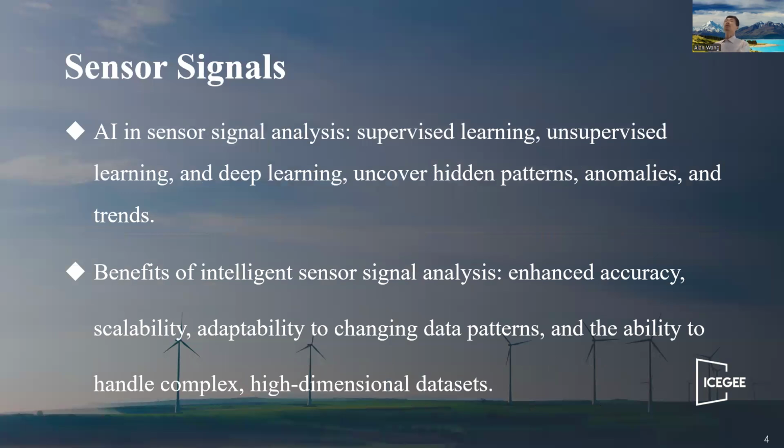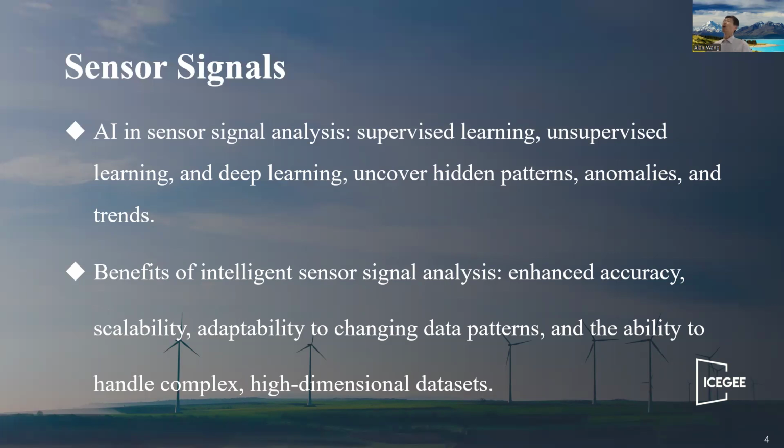In contrast with the fast development of AI technologies in different areas, I think that some AI or machine learning technologies can potentially be utilized in sensor signal analysis, especially, for example, supervised learning, unsupervised learning, and also deep learning algorithms. These machine learning and AI algorithms can be utilized to uncover the hidden patterns, anomalies, and also the trends.